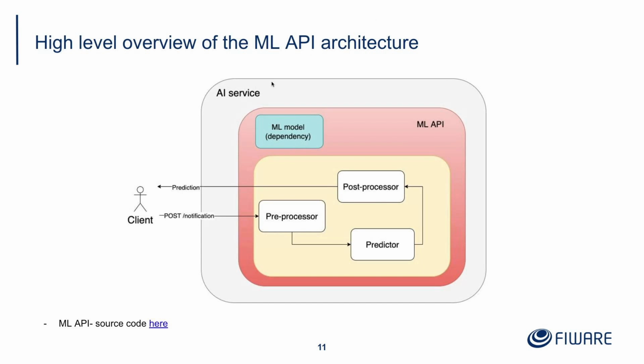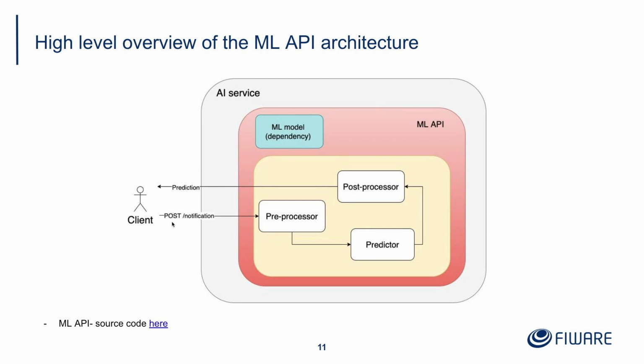Now that we have had a look at our ML model package, our last step is the ML API. As I said, we want to serve our machine learning model via REST API. Here is now an overview of the ML API architecture.